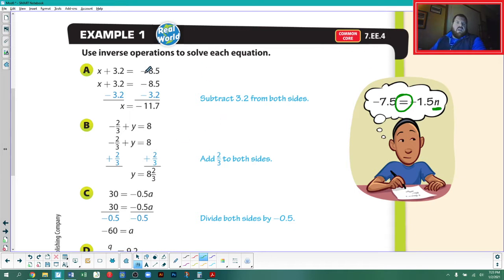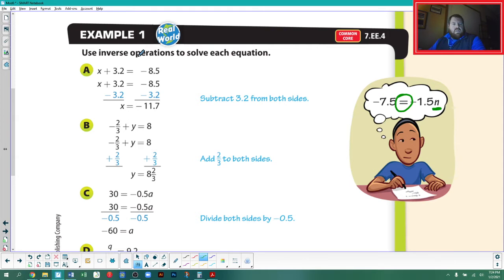Let's look at the problems that they have for us. First one is x plus 3.2 equals negative 8.5. Totally valid equation. Everything works. And we just want to know what the variable is going to be. Now, we could definitely take a guess at what it's going to be.